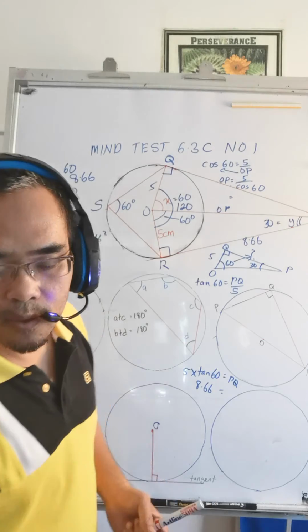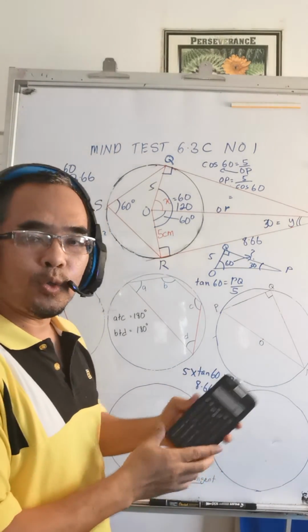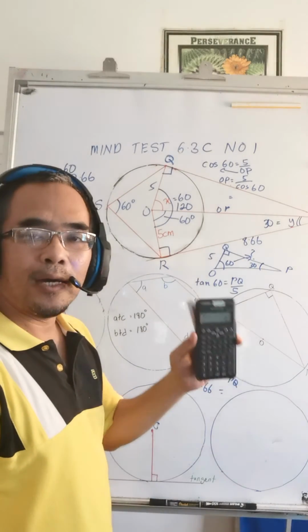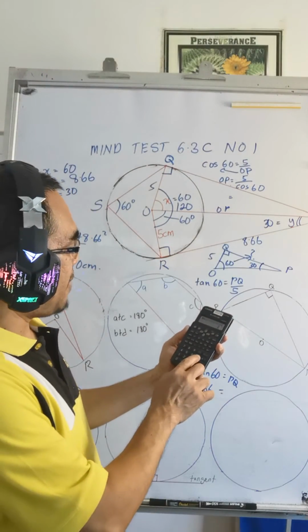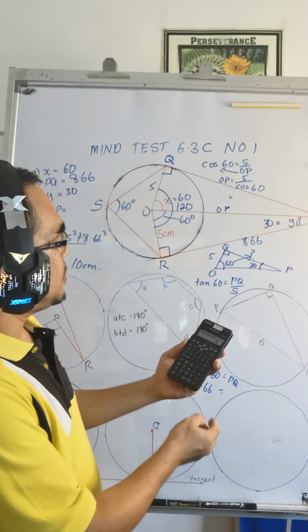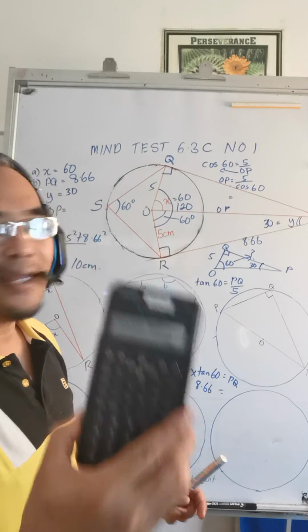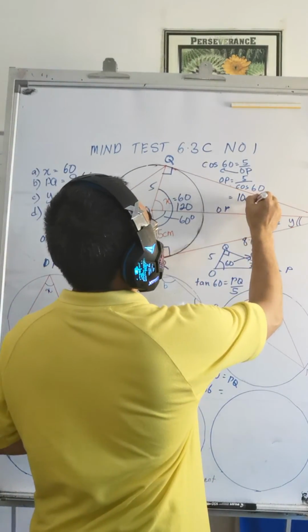Do not use the fraction button; just do 5 divided by cos 60. It is exactly 10, so 10 centimeters.